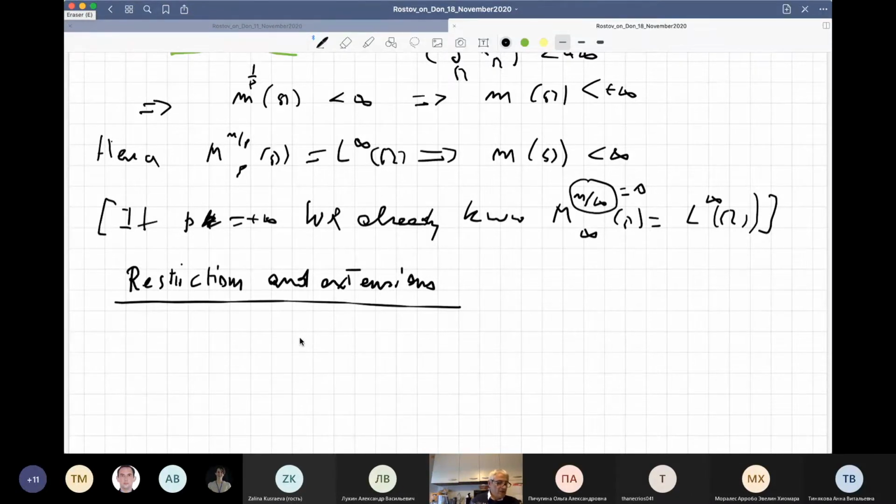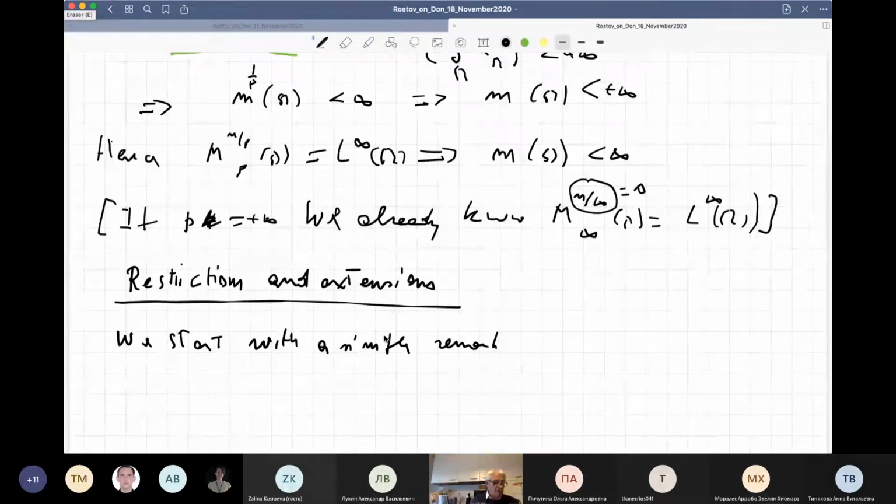First I want to point out an elementary inequality. We start with a simple remark.